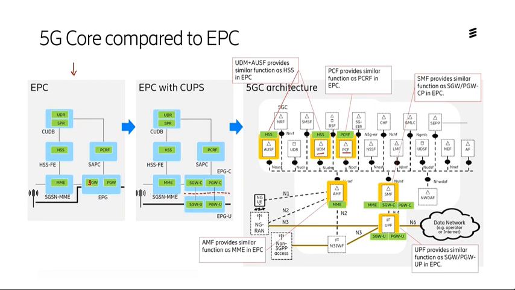Session management is a separate function now from the access mobility function, but that acts like an MME, and also the control plane side of the serving gateway and the packet gateway, because that interfaces through a control plane to the user plane function, which was the user plane portion of the serving gateway and the packet gateway.